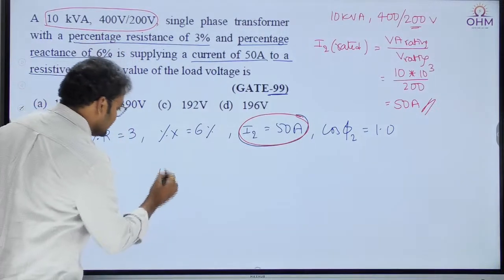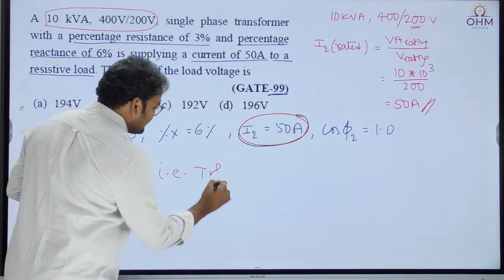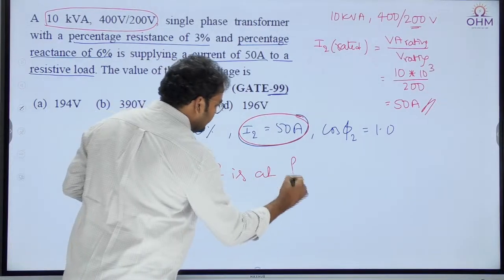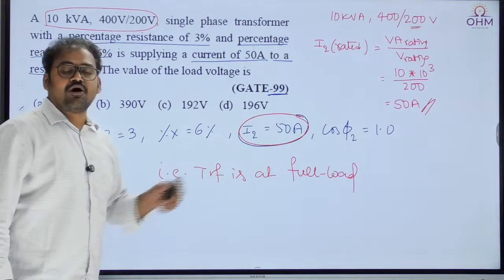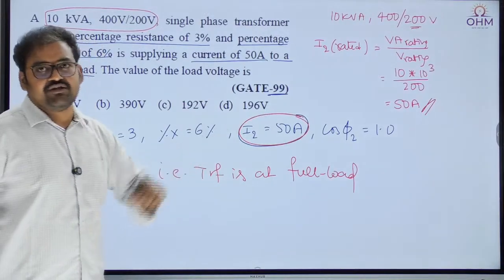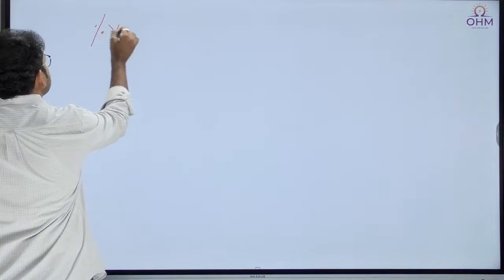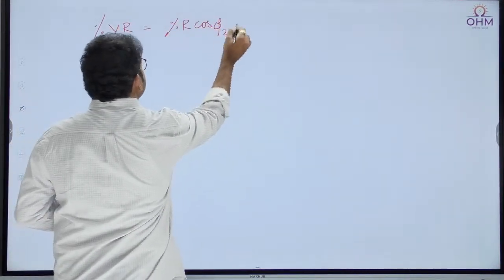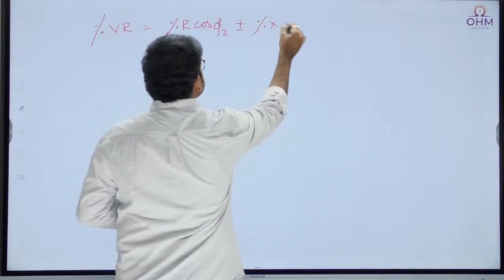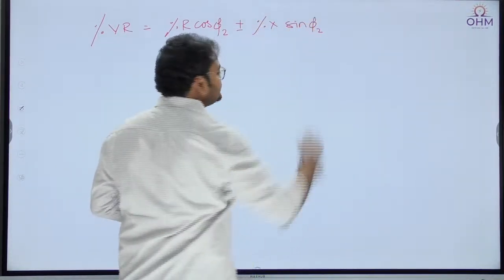That means transformer is at full load. If I say transformer is at full load, all our regulation formulas are valid here. What is the formula for percentage voltage regulation? Percentage voltage regulation is equal to percentage R cos phi 2 plus or minus percentage X sin phi 2.